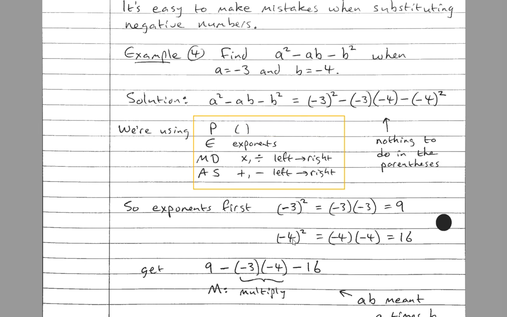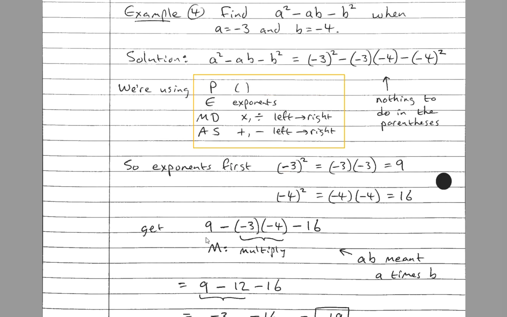Here I've separated out the two exponent pieces, so negative 3 squared is 9, negative 4 squared is 16. Don't lose any minuses. We're subtracting that 16, and there's also a minus here. So make sure nothing gets lost.